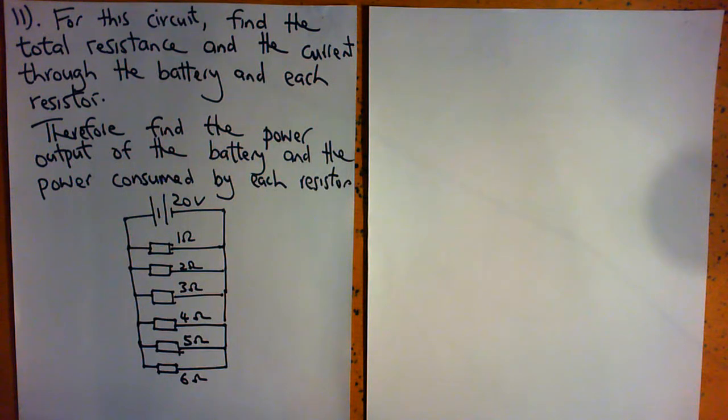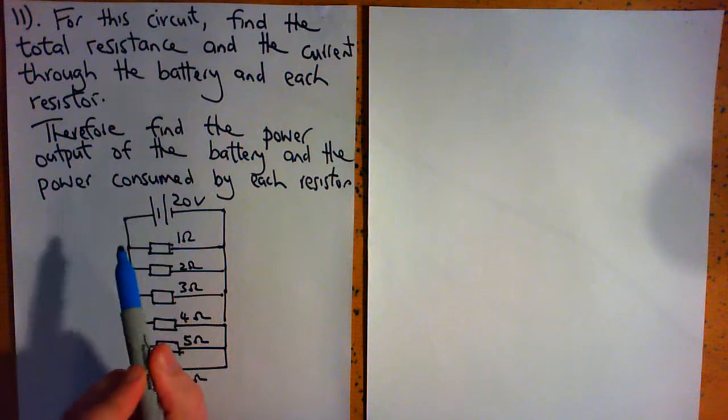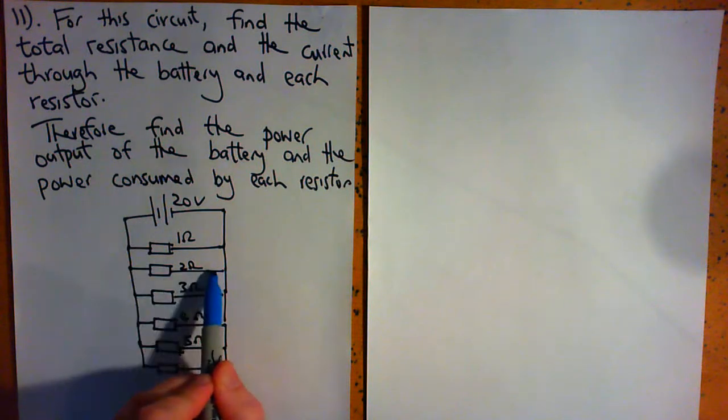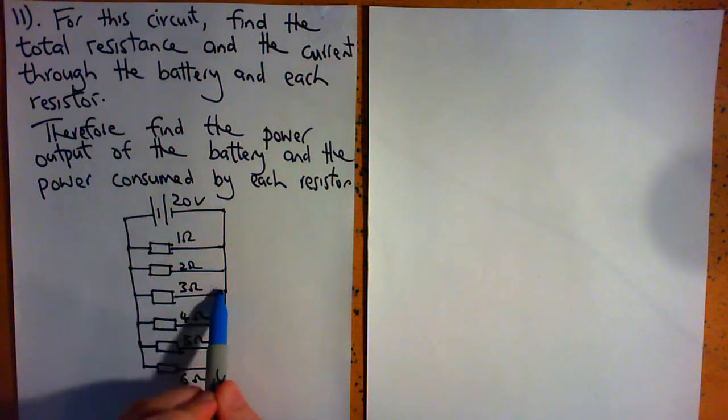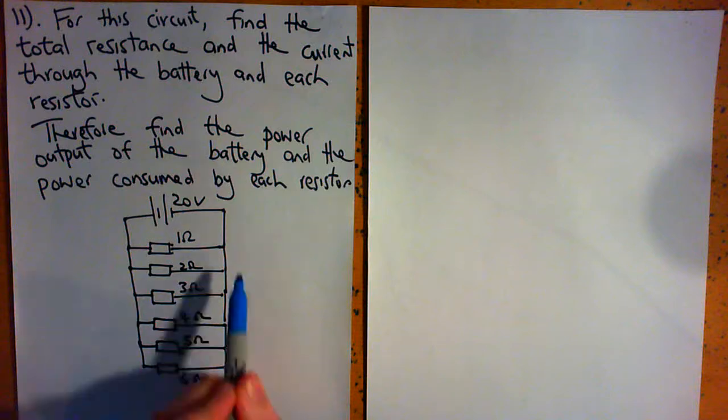So we have a 20 volt battery, and let's have a look at the different possible paths that an electron could take around the circuit. An electron could go through the 1 ohm resistor, or the 2 ohm resistor, or the 3 ohm, 4 ohm, 5 ohm, or the 6 ohm resistor.